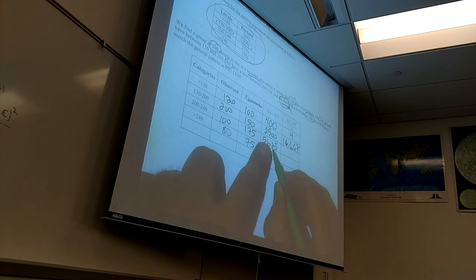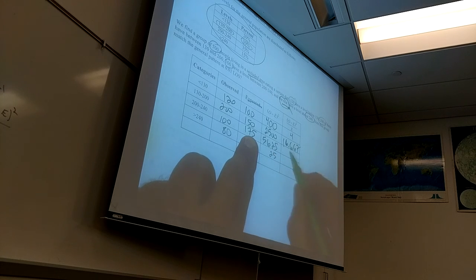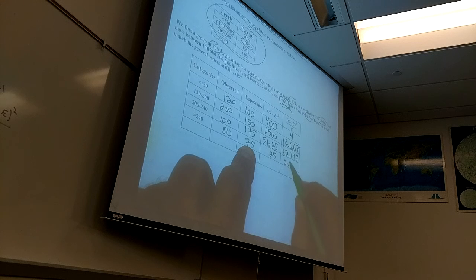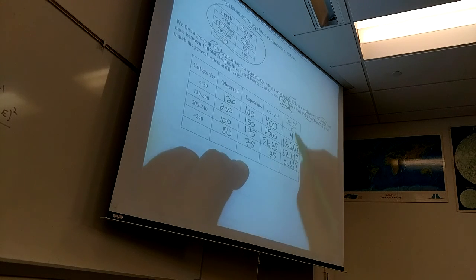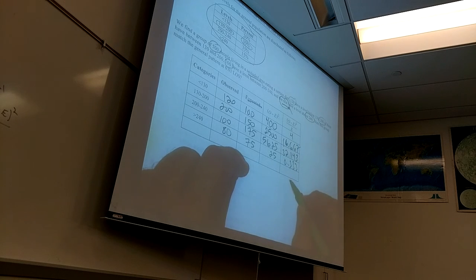And then 5,625 divided by 175 is 32.143. And then 25 out of 75 is 3. It's just 1/3, right? And if I add those up, I get 53 point something.